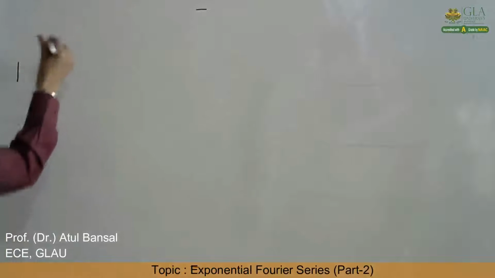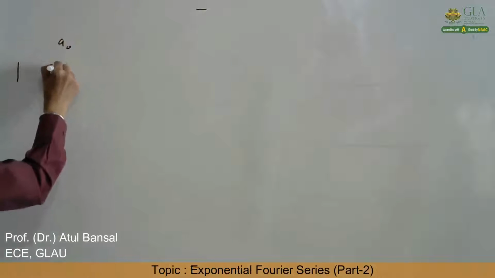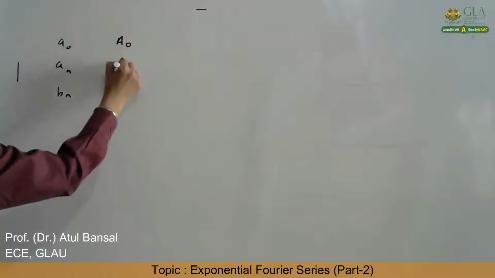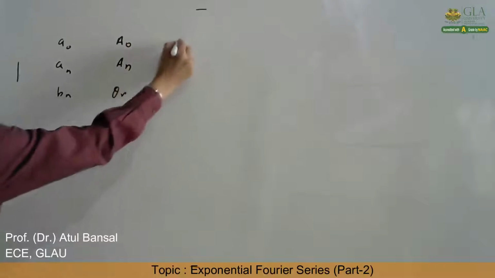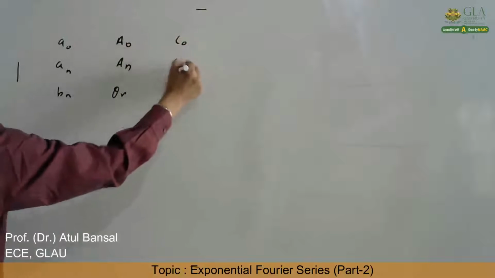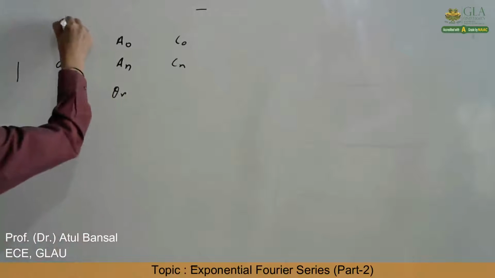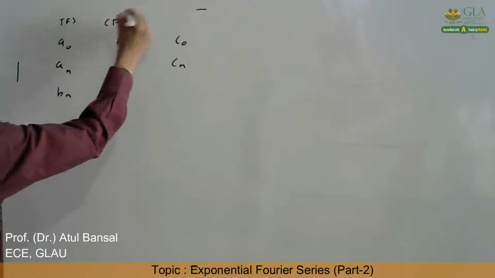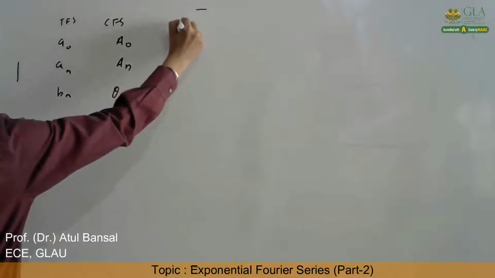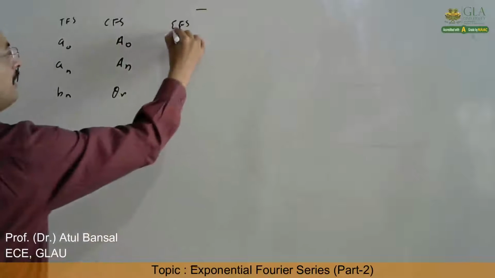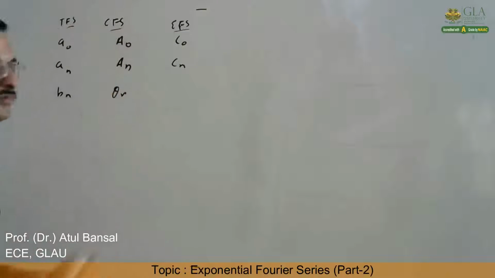In the trigonometric Fourier series we have A0, An and Bn. In the cosine Fourier series we have A0, An, theta n. In the exponential Fourier series we have C0 and Cn, right? I have just written the short forms. They are not actually used anywhere, but I am writing them here.